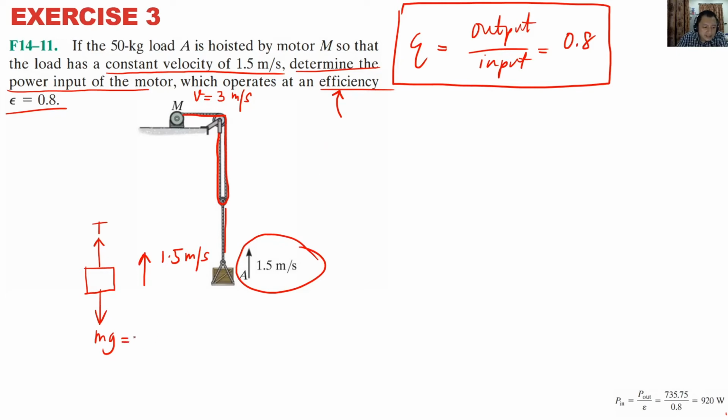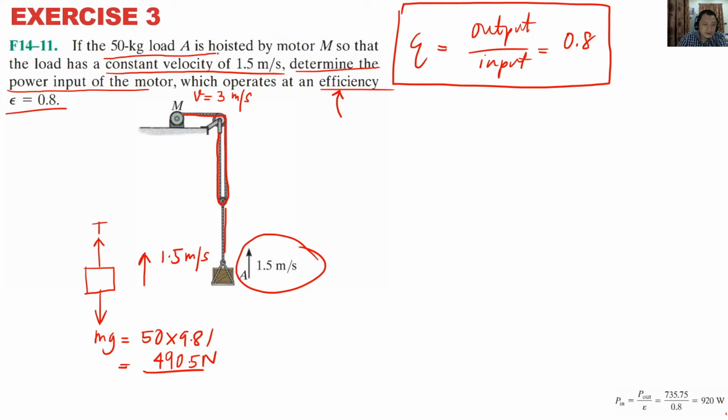So the weight of the load is 50 by 9.81, which is 490.5 Newton. What is T? Is T operating at a constant speed?